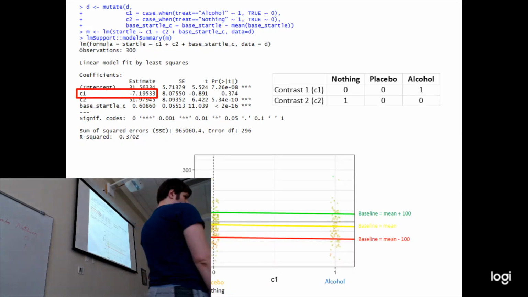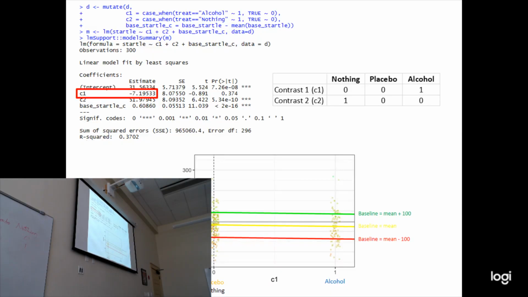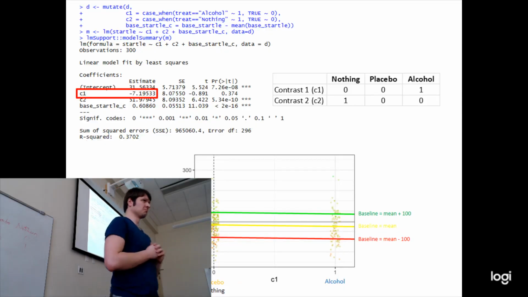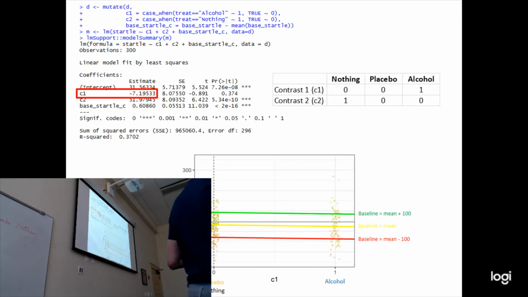So I gave you the intercept because this was a little bit different from many other models that we've looked at. What about C1? C1 ought to be something that you can figure out how it's represented on this graph. Just the slope of any of those lines?